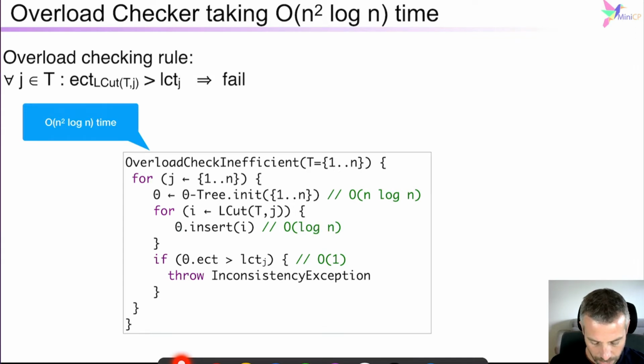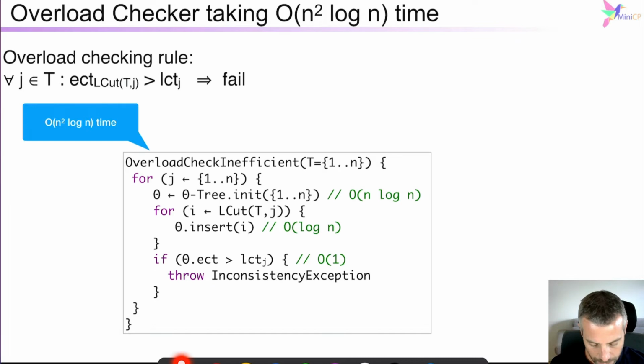So n log n for all the insertions. And then we verify, in constant time, because we just query the root node of the theta tree. We verify if it is larger than the latest completion time of J. If so, we fail, by throwing an inconsistency exception, right?